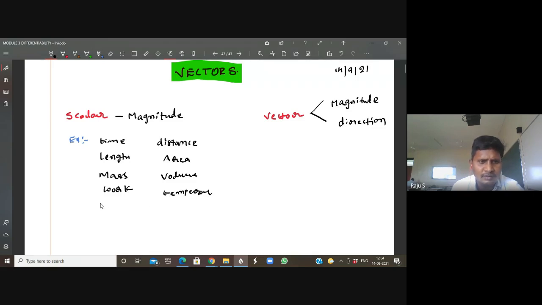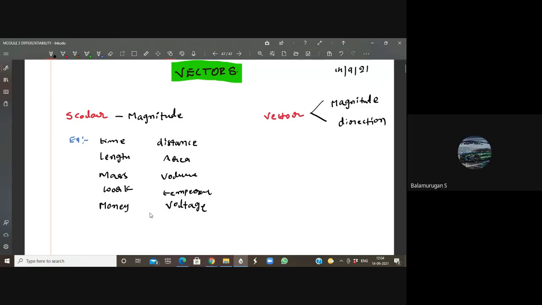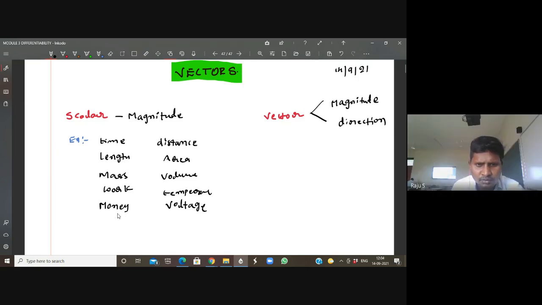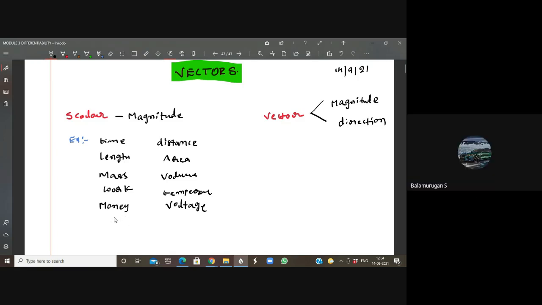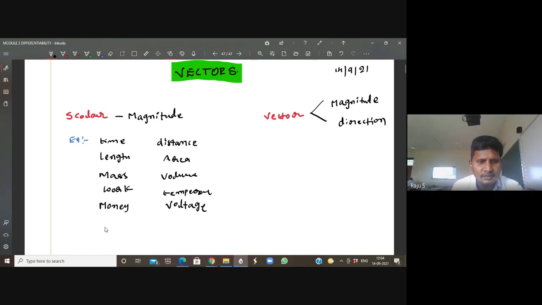Temperature is one of the examples, and also money, voltage. Any other example for this? Yes, degree, angle. Angle measurement, degrees. Okay, and these are the examples for scalar.